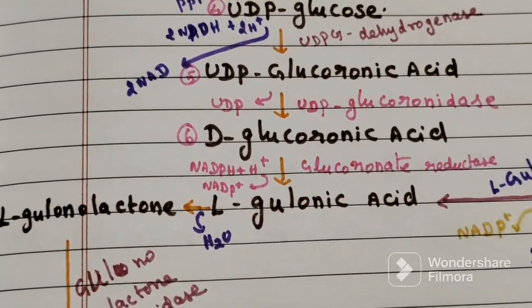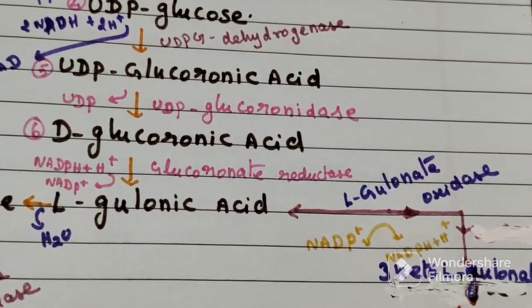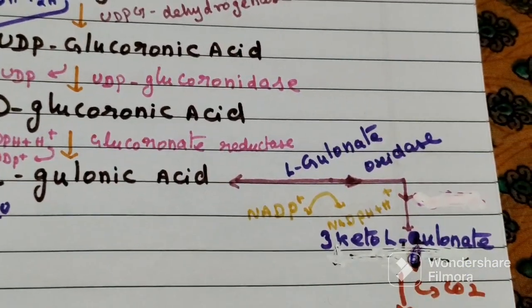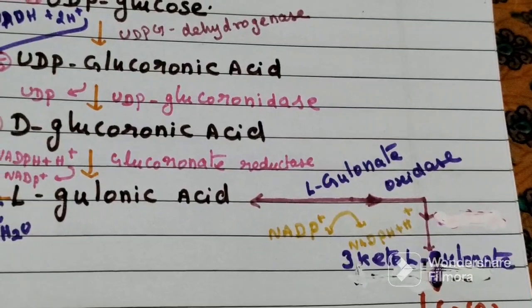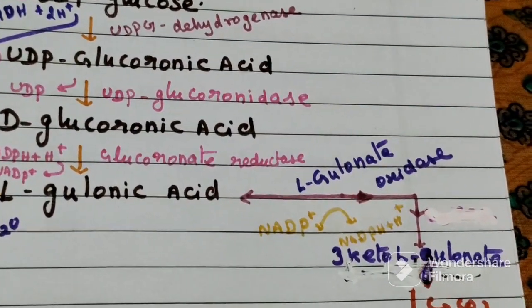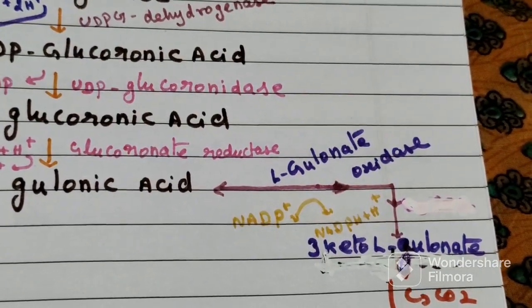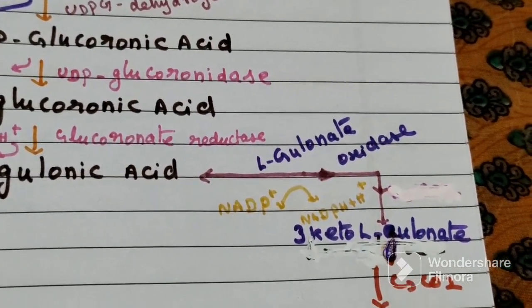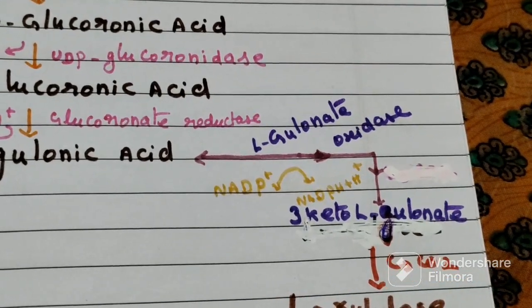In humans, this L-gulonic acid is converted into 3-keto L-gulonate by the enzyme L-gulonate oxidase.